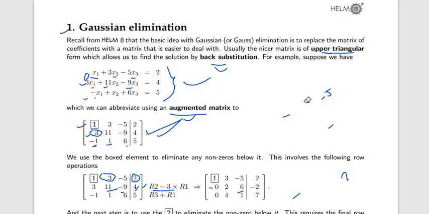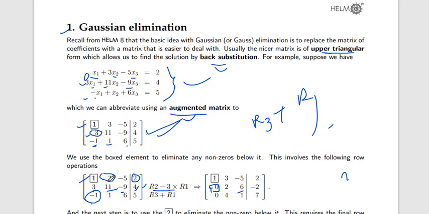We get 0 below the first pivot. Now we also want to get 0 here, where there is -1. How do we get it? Simple, R3 plus R1, because here we have -1 and 1.